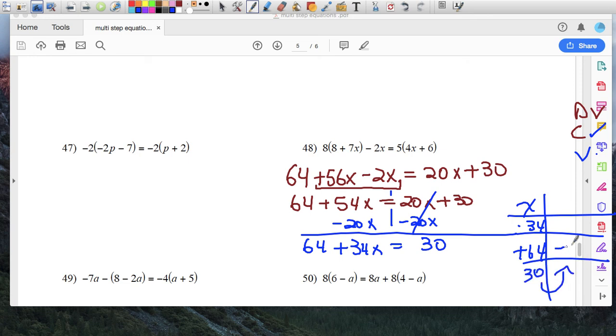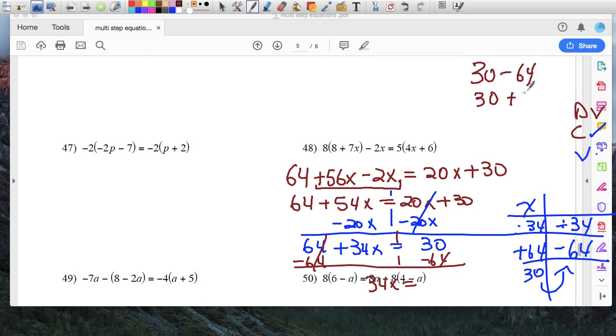Or inverse operations, I'm going to do minus 64, and then I'm going to divide both sides by 34. So first thing, minus 64 on this side, minus 64 on this side. These two are out. I get 34x, and then 30 minus 64 is the same thing if you want to rewrite it as 30 plus negative 64.